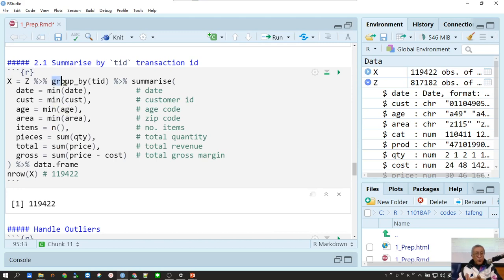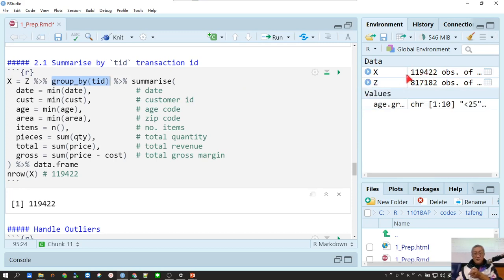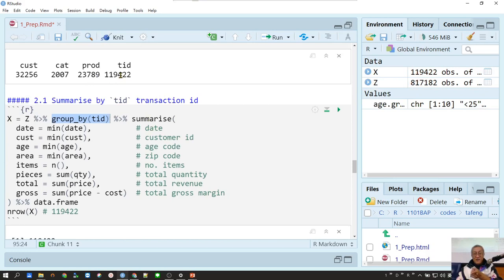So after we group by transaction ID, every row is a transaction. This is the number of transactions, and this is the number of records in X. My convention is I put transaction as capital X.